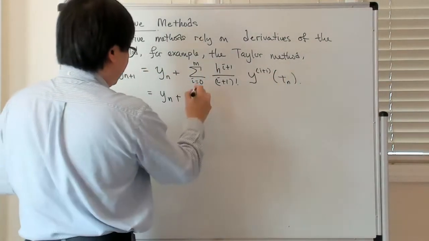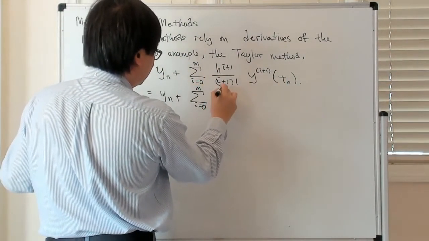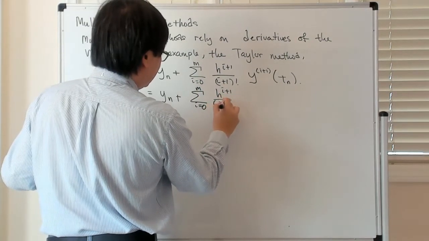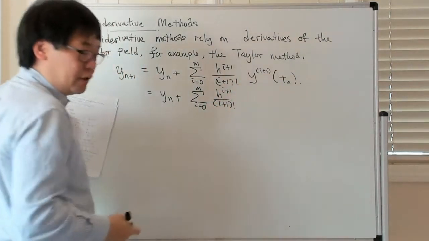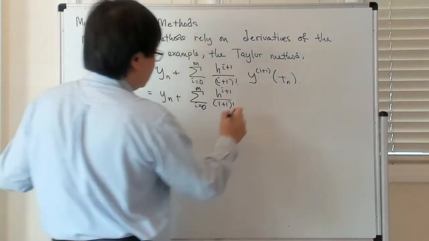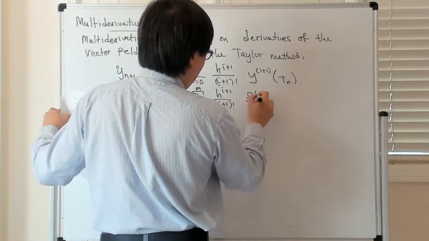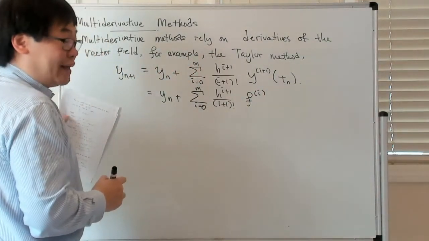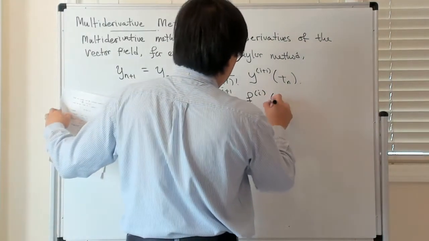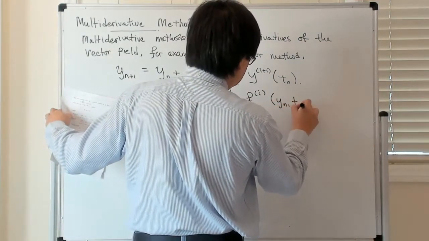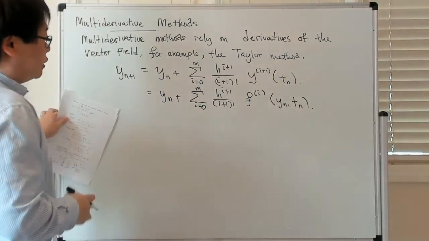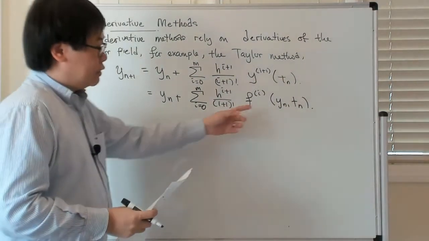But this thing here is equal to, now I'm going to use the fact that I know that y satisfies the differential equation to write this as the ith derivative of the vector field f, now evaluated at y_n, t_n. All right, so in principle, this is something that you can compute.